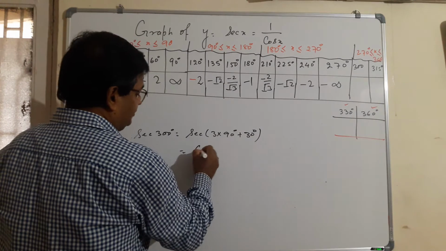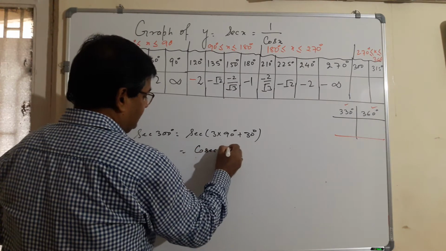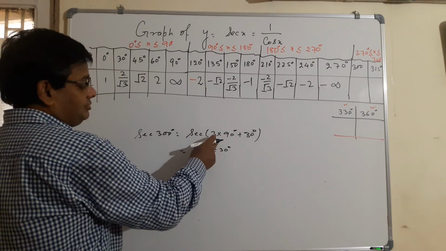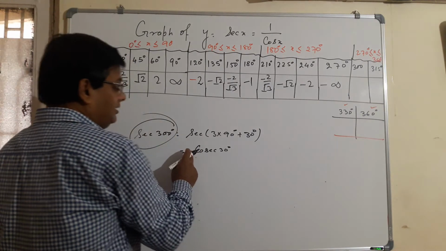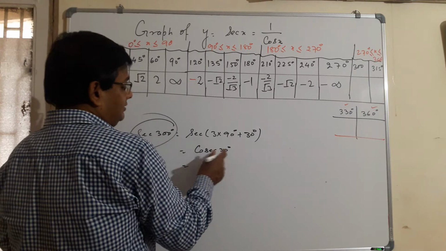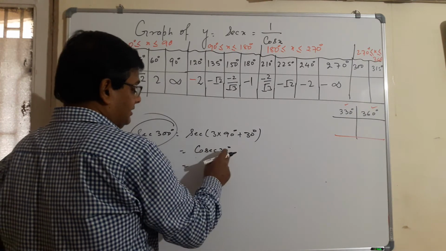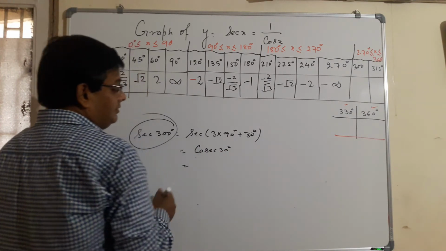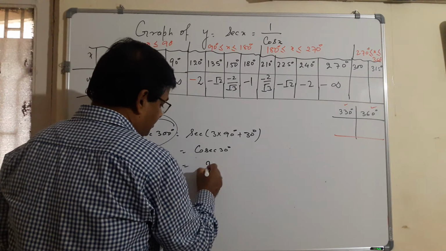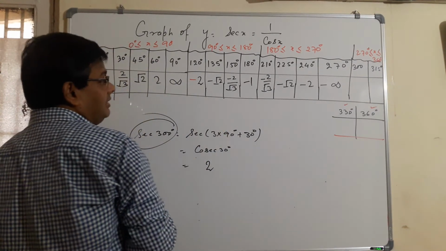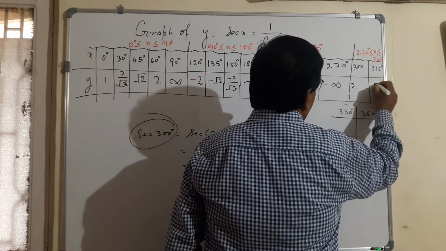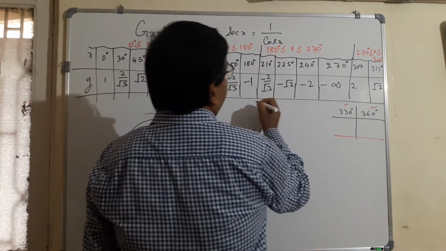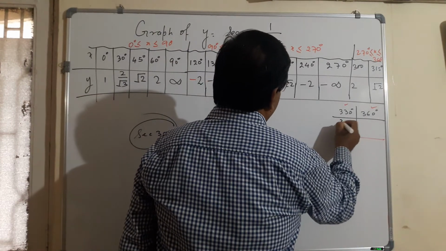Sec changes into cosec 30 degree, and in the fourth quadrant sec is positive, so a positive sign. Cosec 30 degree is 2. So here it becomes 2. Then after you will get root 2, then you will get 2 by root 3.